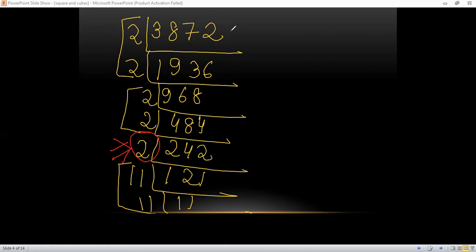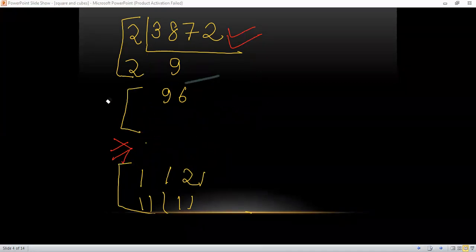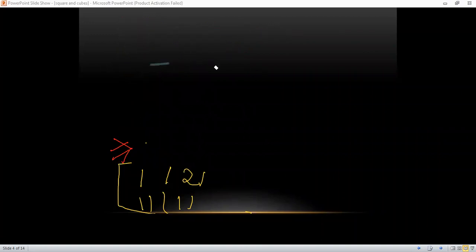That means we cannot find the square root of this number by using the prime factorization method, because we didn't get a pair for every factor. So by using the prime factorization method, you can find out whether the number has a square root or not.